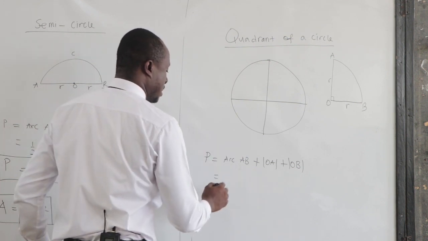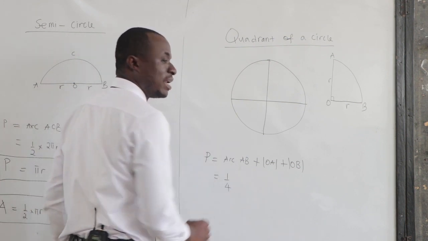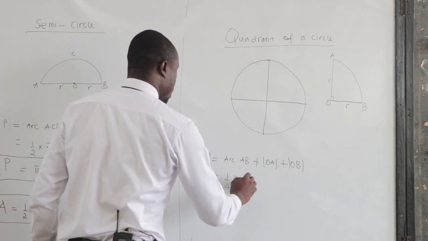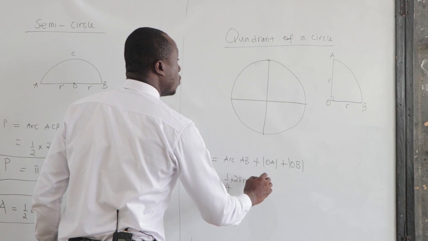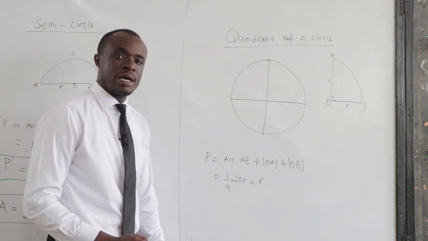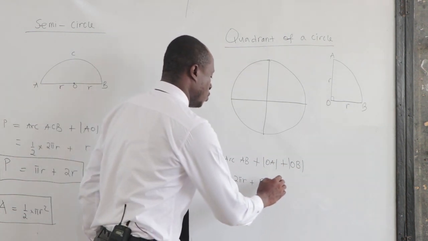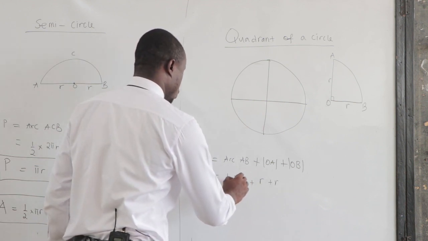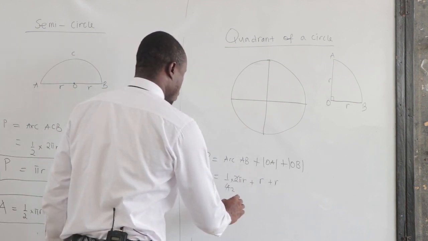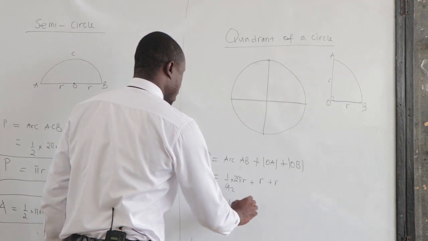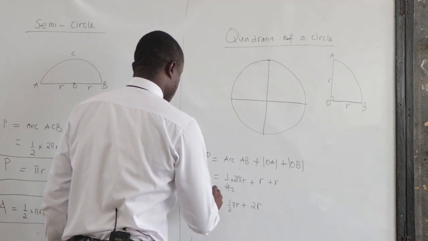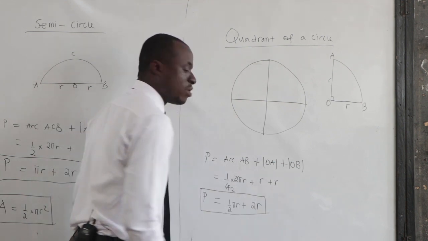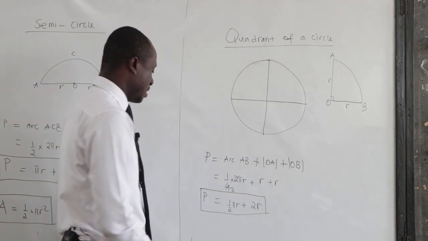So clearly the arc AB, because it has been divided into 4, is 1 over 4 times 2 pi r. Now what is OA? OA is r. What is OB? OB is r. So clearly this 2 will go into 4, that is 2 times. So we have 1 over 2 pi r plus 2r. This is the perimeter of a quadrant of a circle.